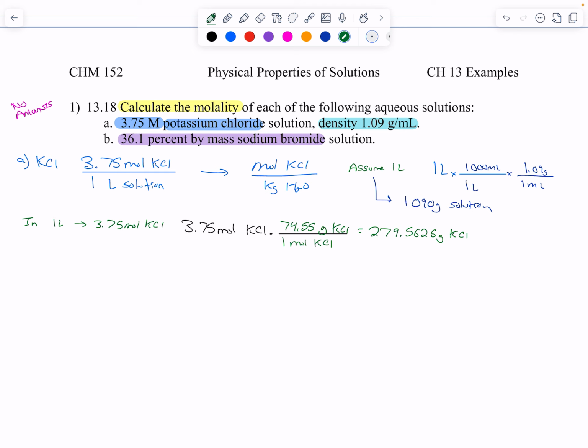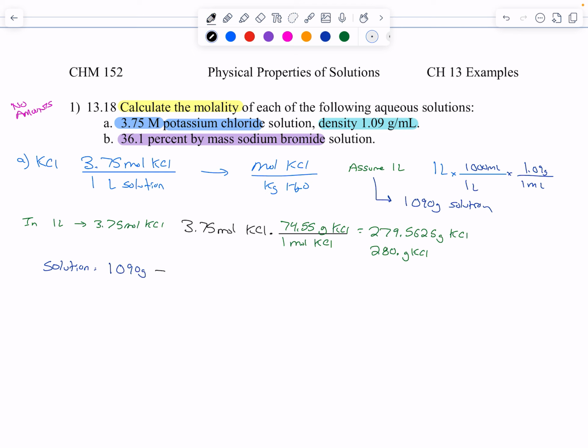All right, so what do we do with that? Well, first of all, I have 3 sig figs, so this becomes 280 grams of KCl. And I know my solution is 1,090 grams.